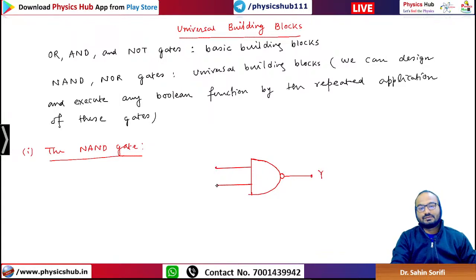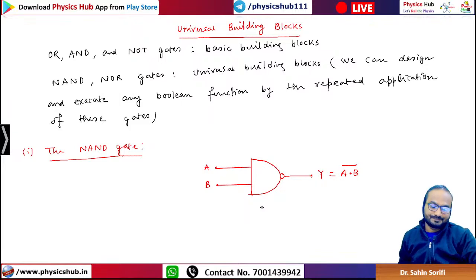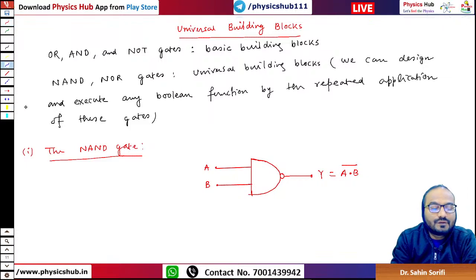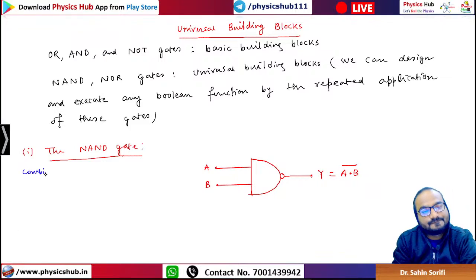We have two inputs A and B. NAND is equal to NOT plus AND. So AND operation gives A dot B, and because of this NOT operation, we will have A dot B complement. It is a combination of AND and NOT gate.